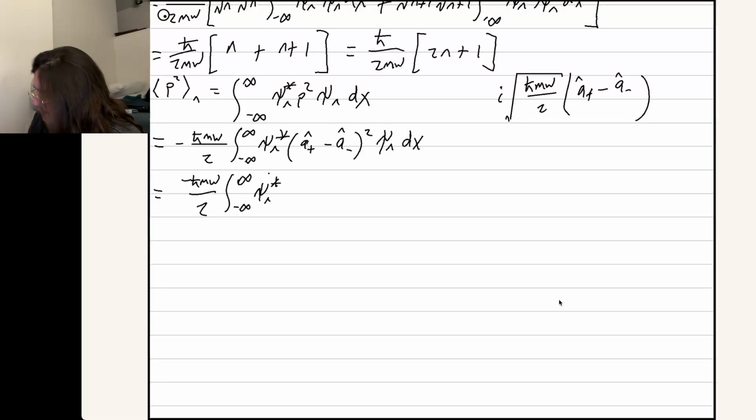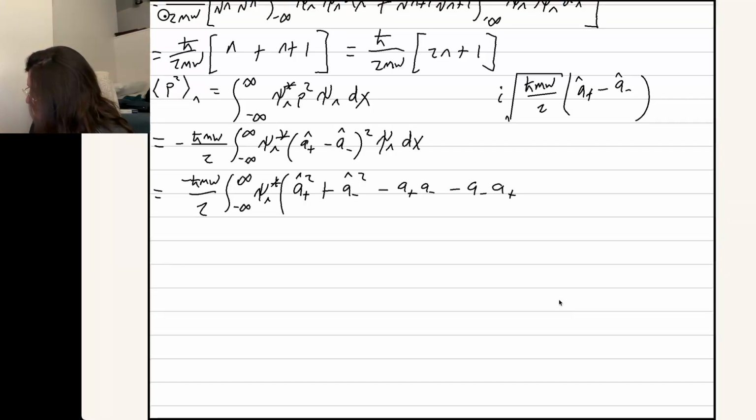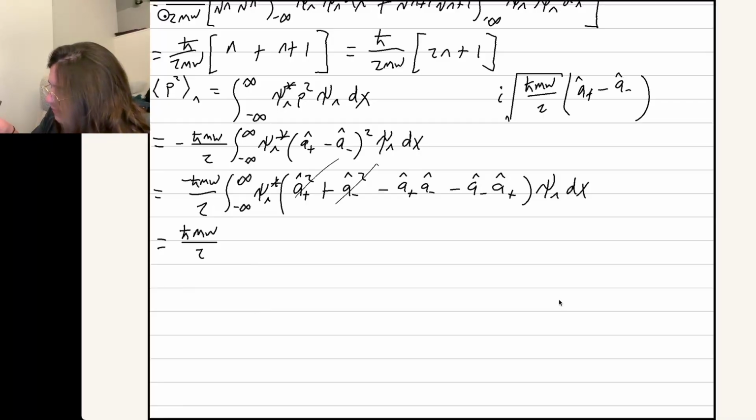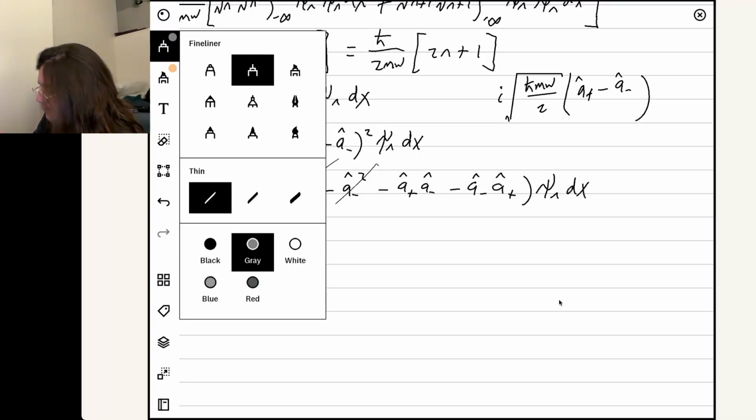We'll end up with the raising operator squared plus the lowering operator squared minus a plus a minus minus a minus a plus, right? And we already did all of this at this point. We'll factor out a minus sign to make it a little bit more clear, and also just going to go ahead and get rid of these a plus squared and a minus squared because we know those go to 0.